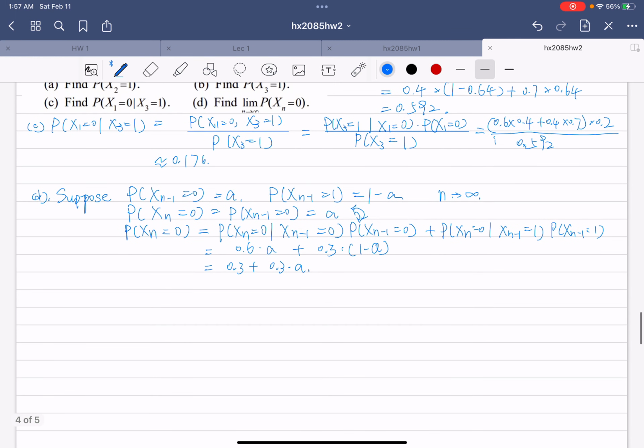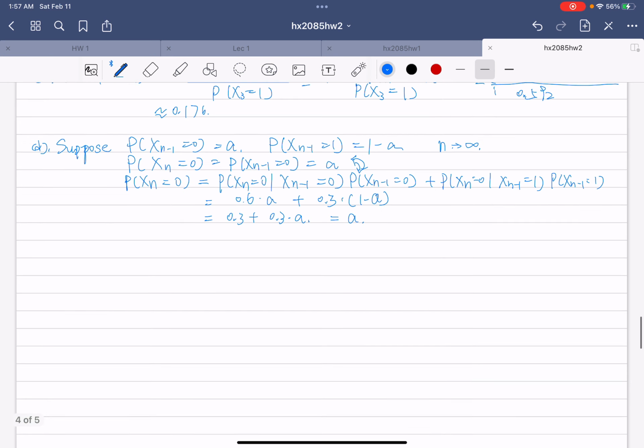So now we have the equation which equals a. We can get a is 3 over 7, so that the result is, as n goes to infinity, the probability xn equals 0 will be 3 over 7.